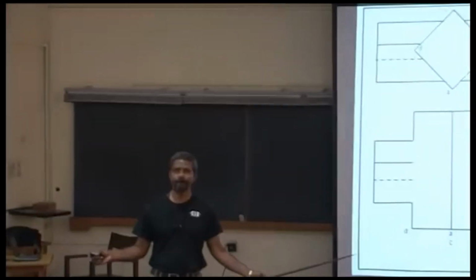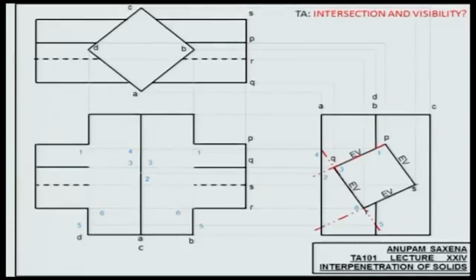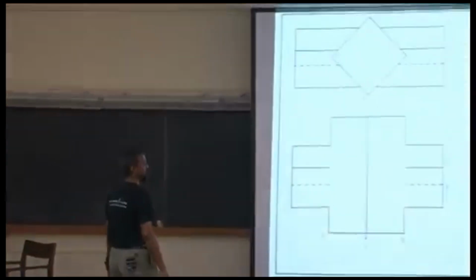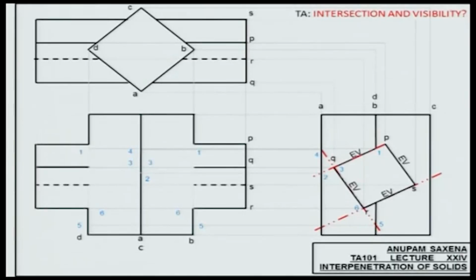With me? Let's continue. Extend this once again, and we'll get two pseudo intersection points, number 7 and number 8. 7 lies on A, 8 lies on edge C of the vertical prism. Project 7, which lies on A, and 8, which lies on C, the back side.